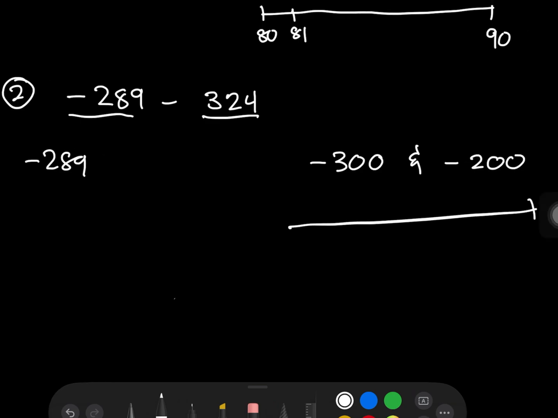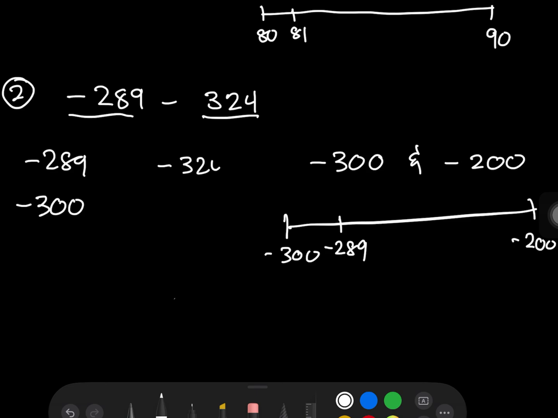If we draw the number line, negative 200 is here and negative 300 is here, so negative 289 is around here. Therefore, we can round negative 289 to negative 300.